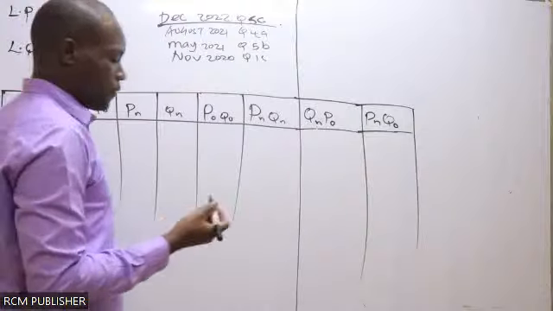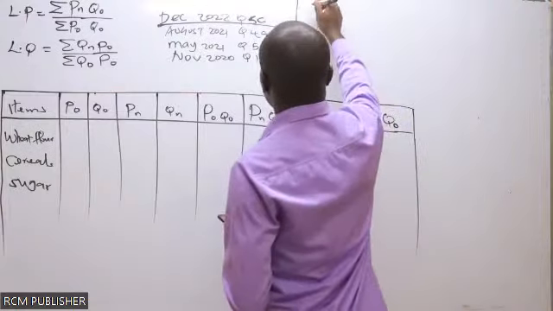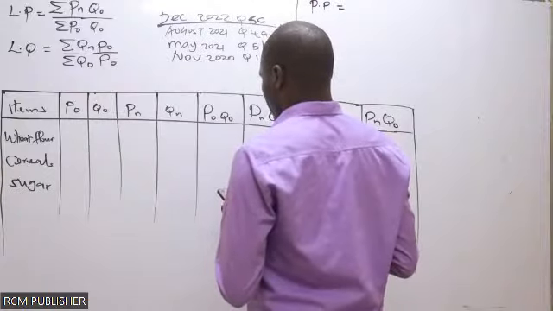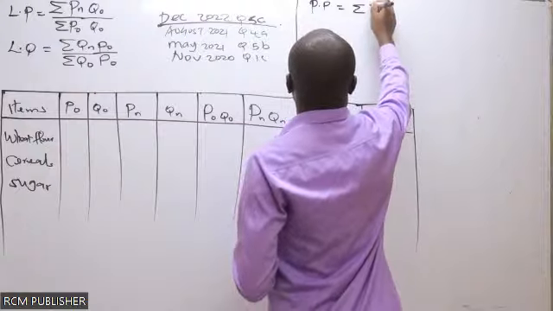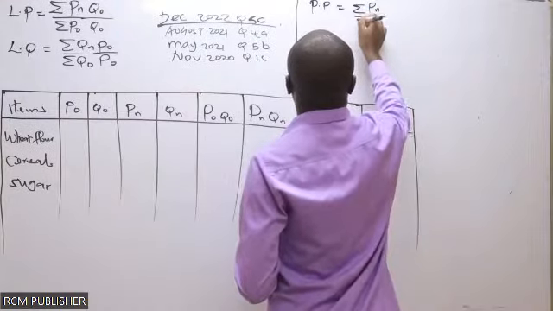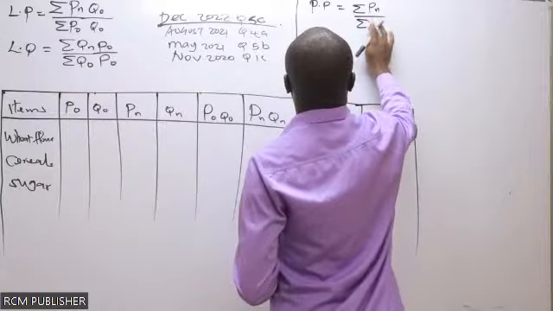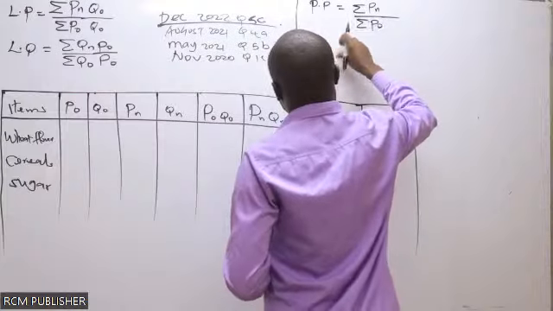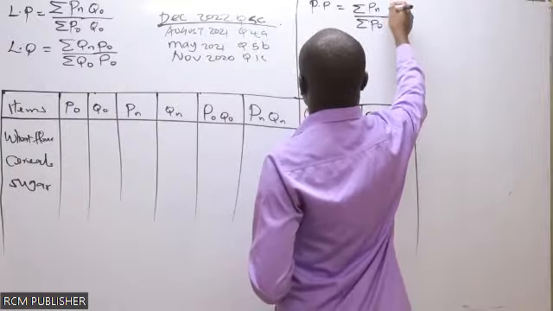When you now move to Paasche formula, we need to have summation of PN over summation of PO. We multiply by weight, but this time we have been told that weight is the quantity of the current period or period of interest.